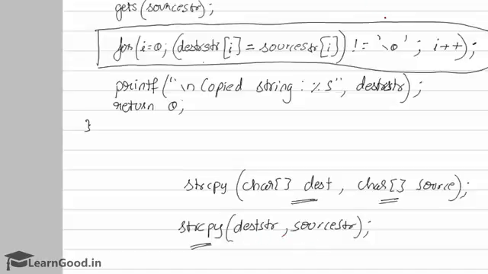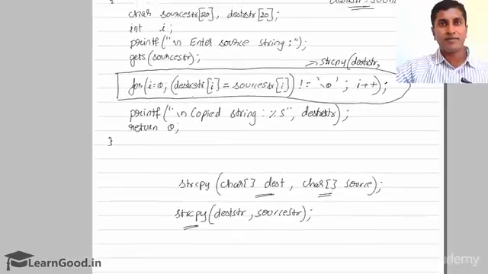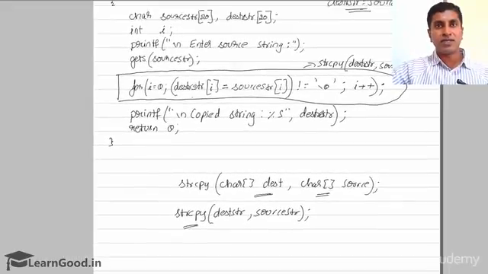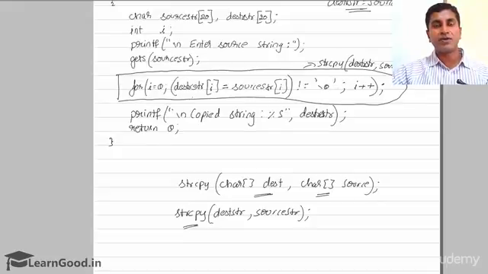So instead of this for statement, you can give strcpy(dest str, source str). Okay, so the source str data gets copied to dest str.